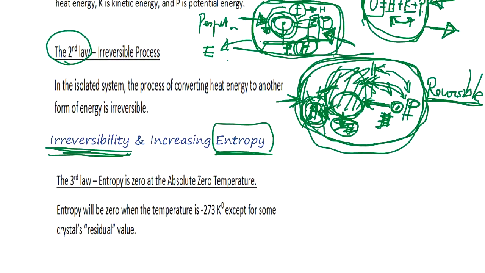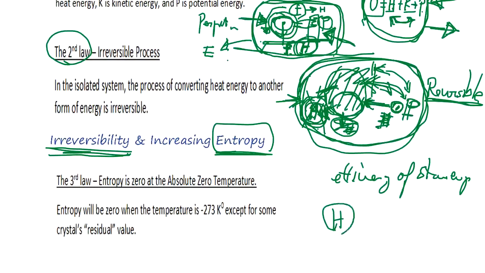Okay. Why was this important in the Industrial Revolution? At that time thermodynamics became very important. The engineers were thinking about the efficiency of the steam engine. So in a steam engine, basically the heat energy is changed to kinetic energy, right?